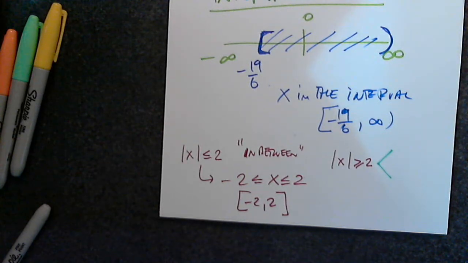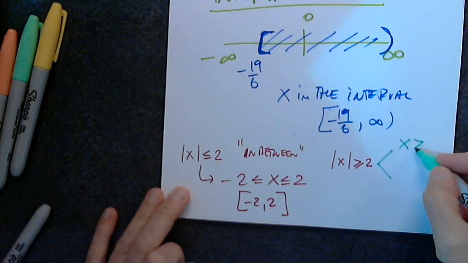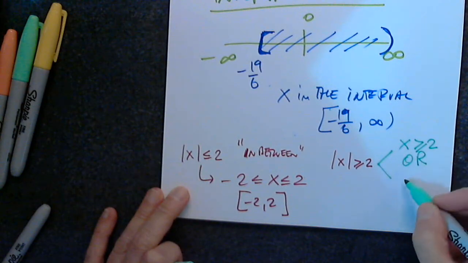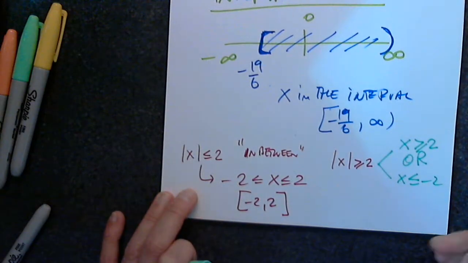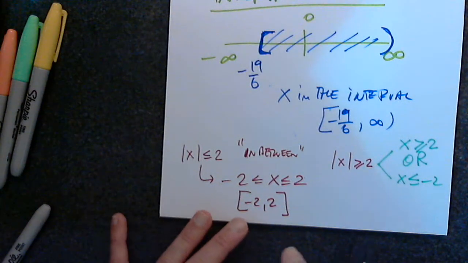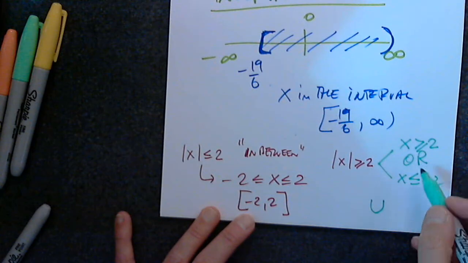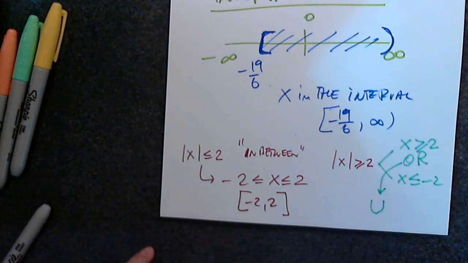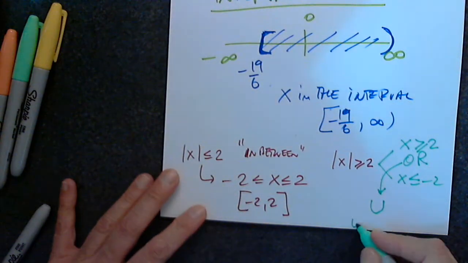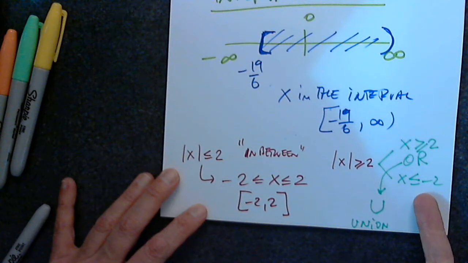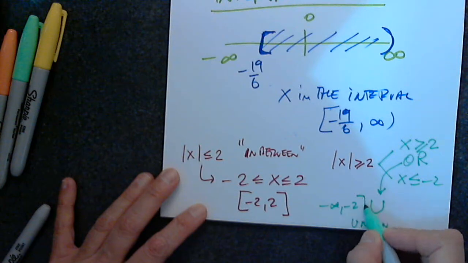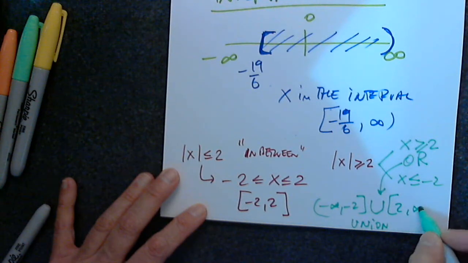We have to go further away and further away, which means x greater than or equal to 2 or x less than or equal to negative 2. But the interval notation for this one has to have the union symbol. I start with the second one, negative infinity, negative 2, union, 2 to infinity.